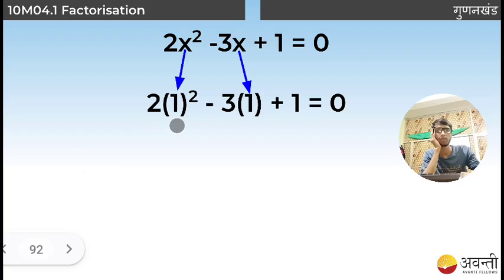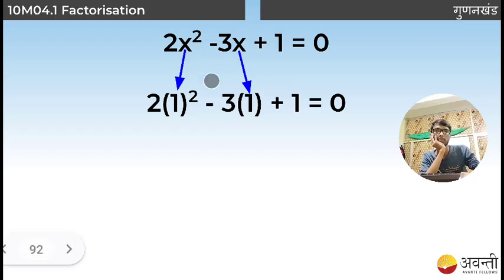But what if we put 1 here and 1 here? Will this side become 0? Let's say 2 times 1 is 2, then minus 3 times 1 is 3. 2 minus 3, it became 0. So yes, both sides are 0. That's why if both sides are coming 0, then we can say yes, this is a solution. If one side is getting 0 but the other side is not getting 0, then this would not be a solution.